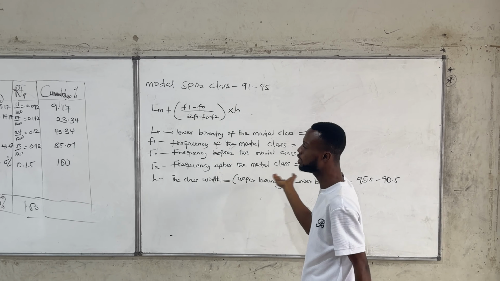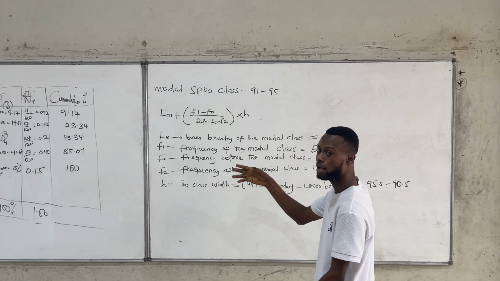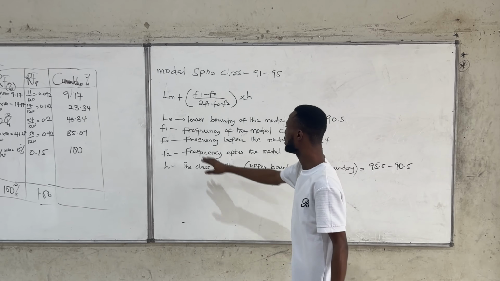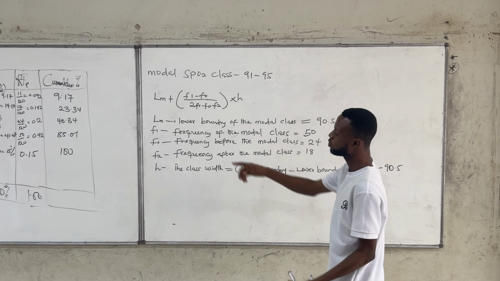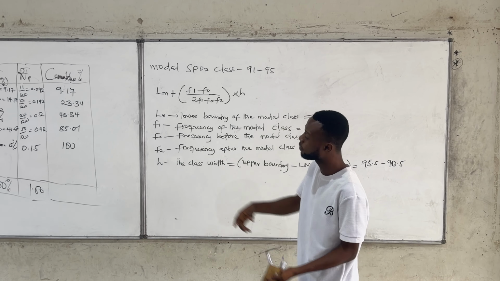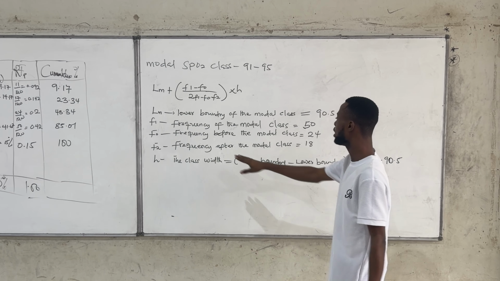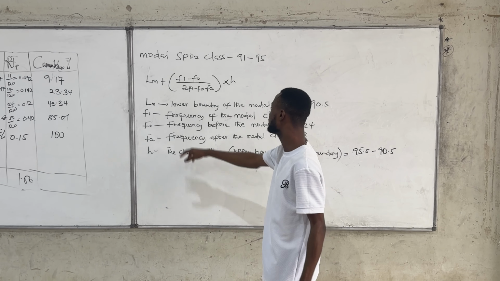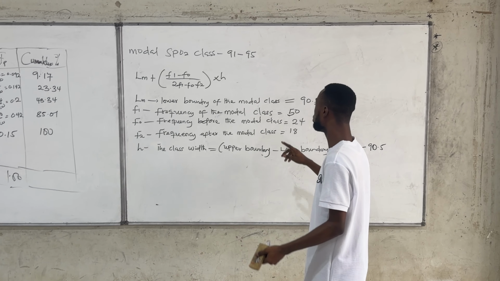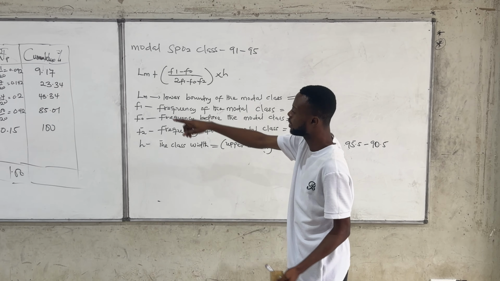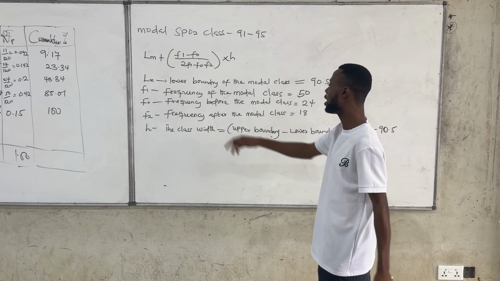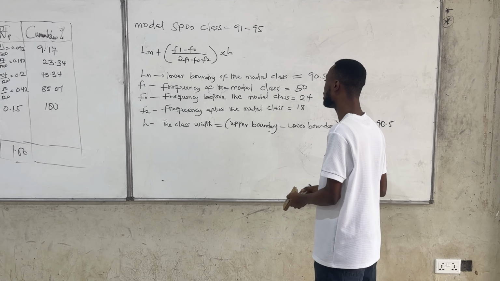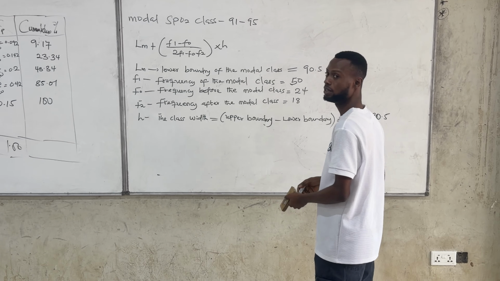Then the F1 is the frequency of the modal class, which is 50. Then the F0 is the frequency before the modal class, that's 24. Then the F2 is the frequency after the modal class, which is 18.